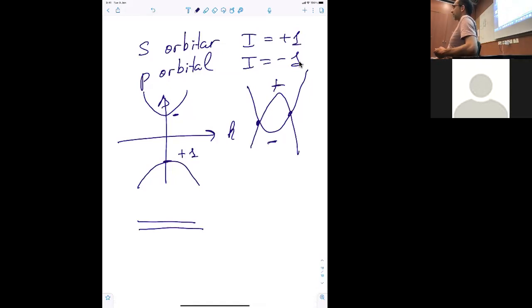So probably something that couples to p orbitals and doesn't couple to s orbitals. My guess would be a magnetic field, but maybe I'm wrong. Maybe there's some other way to couple differently to different orbitals.